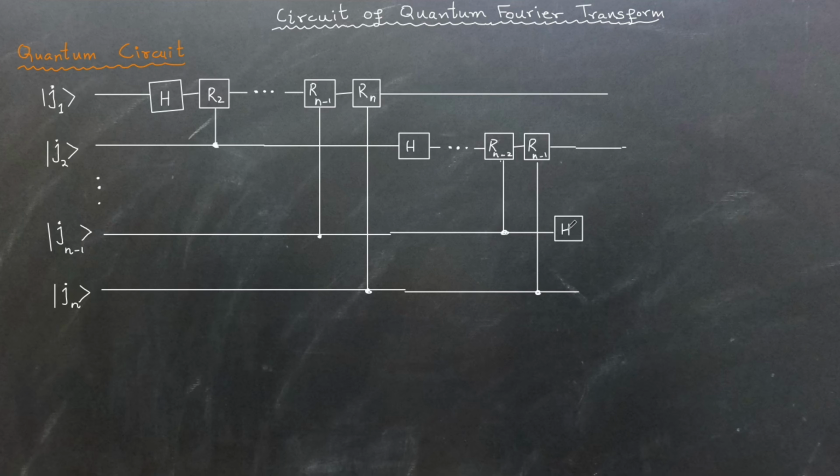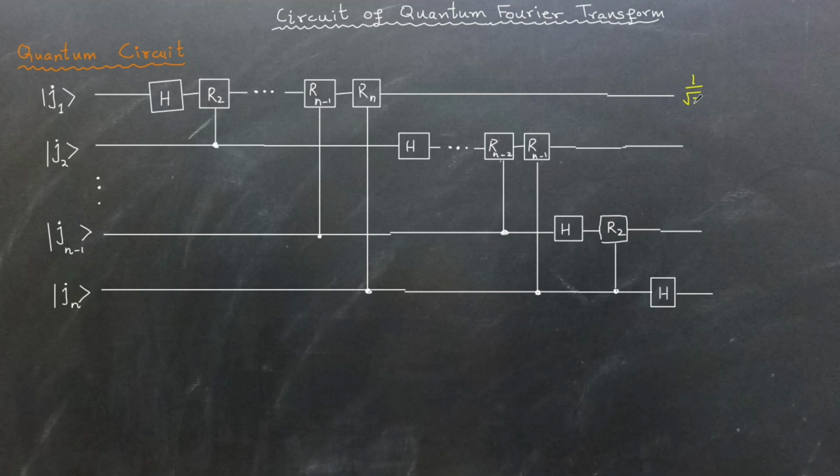Following this, we apply the R2 gate using the last qubit jn as the control bit. Finally, for the line corresponding to the bottommost qubit ket jn, we only apply the Hadamard gate. Since there is no line below ket jn, there are no control bits available for further gates.